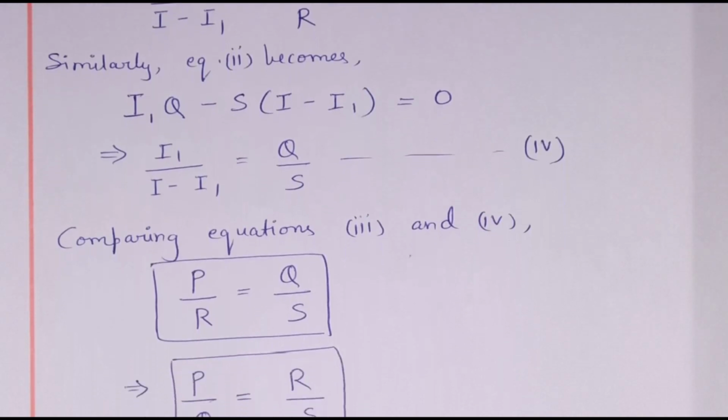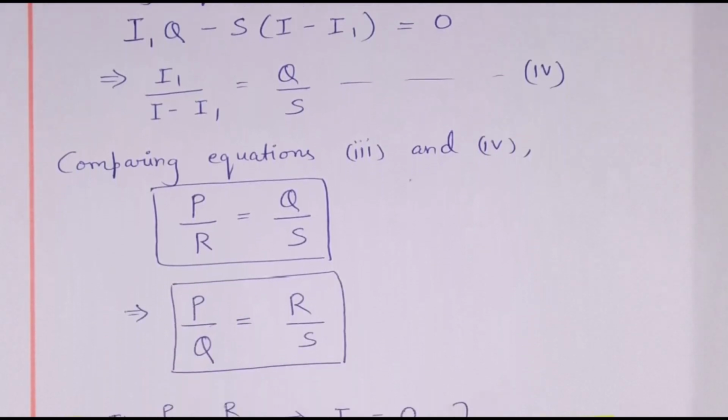This is the balanced condition of Wheatstone bridge. If we cross multiply and again divide certain things, or by arranging, we can write P by Q is equal to R by S. This is also another balanced condition of the Wheatstone bridge.